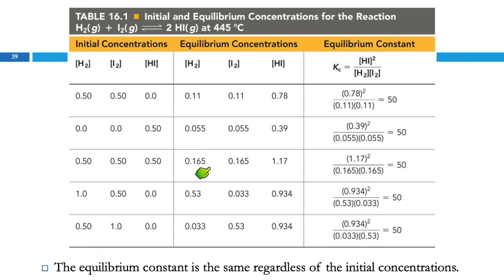The concentrations are different, right? Up here, the reactant concentrations are both the same, and here as well, but down here they're not the same. When we plug those numbers into that equilibrium constant expression, it always comes out to the same number. It's constant, right? At a particular temperature. Equilibrium constant is the same regardless of initial concentrations.